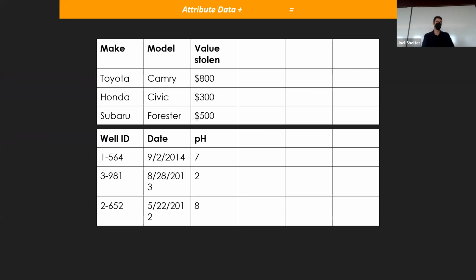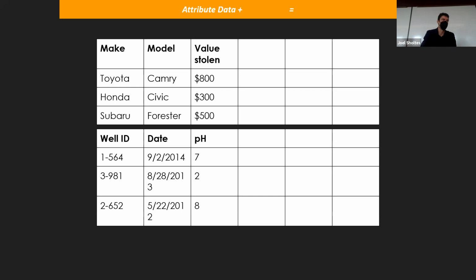So let's look at some examples. Here's a little table we have. And I'm assuming the top one says value stolen. So we had maybe a car break-in, and this is a database of what cars were broken into and what's the value of what was stolen from them. What would be in the bottom table?